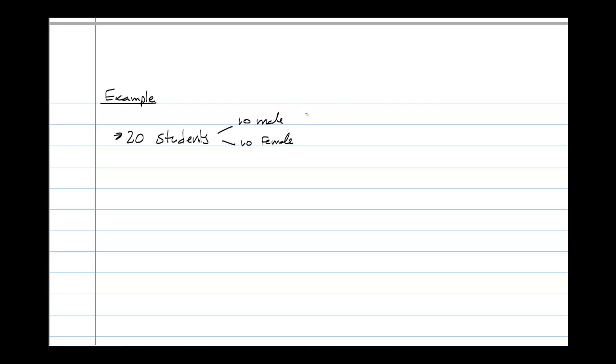Now we've already established that successive captures are not independent because we're sampling without replacement. Let's go ahead and determine the probability of randomly selecting two male students in a row.